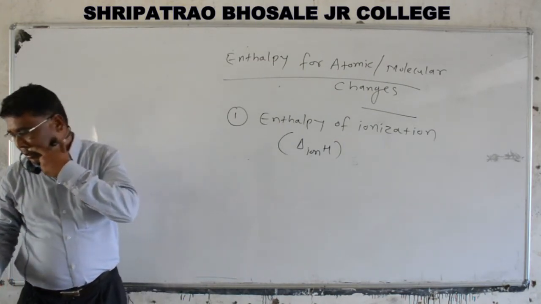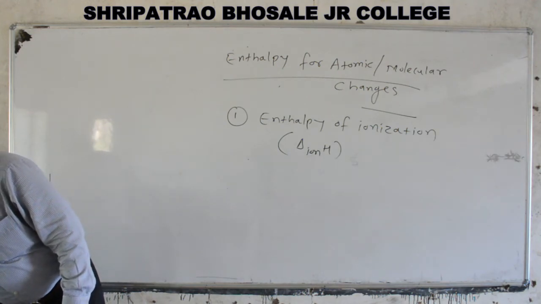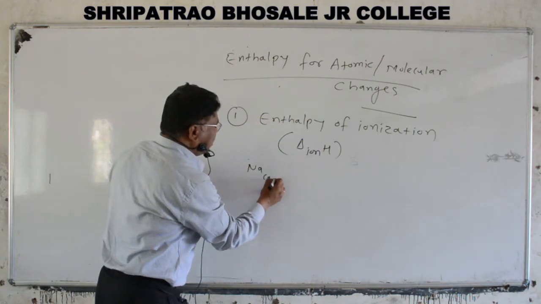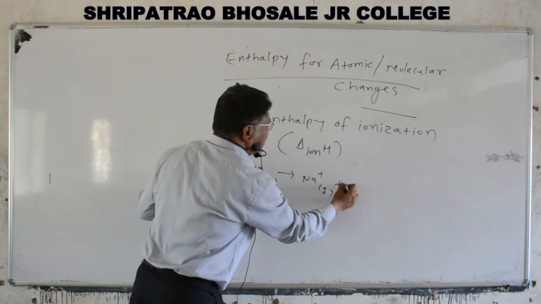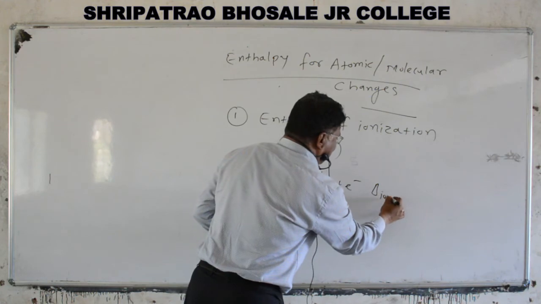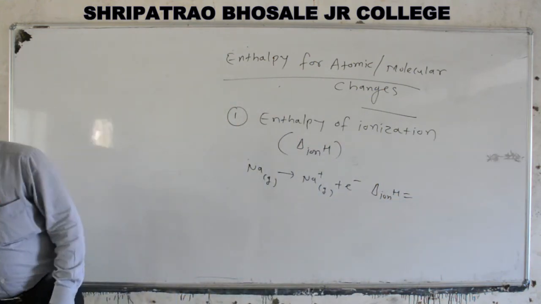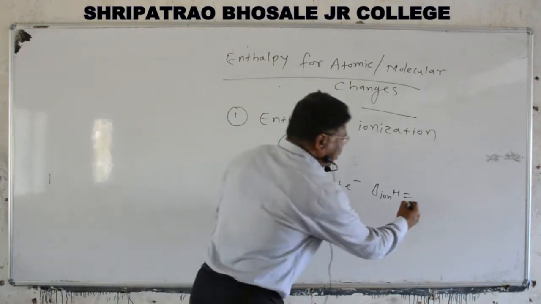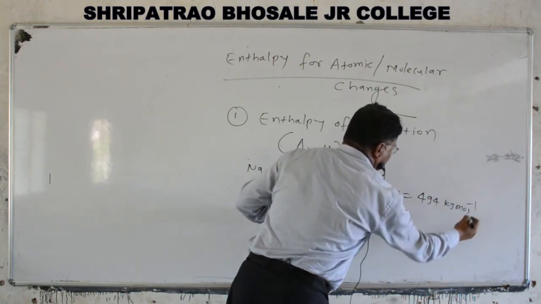You know that here, for example, sodium in gaseous state gives Na plus gaseous plus electron. So enthalpy of ionization is equal to 494 kilojoule per mole.